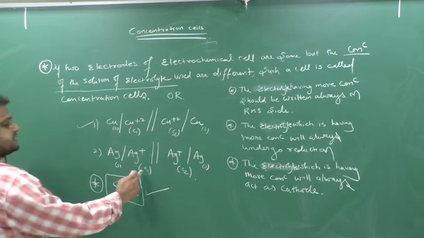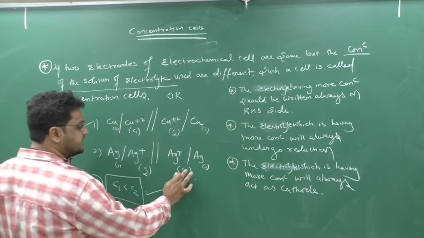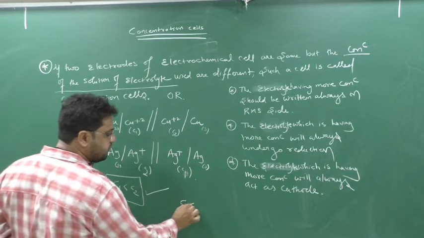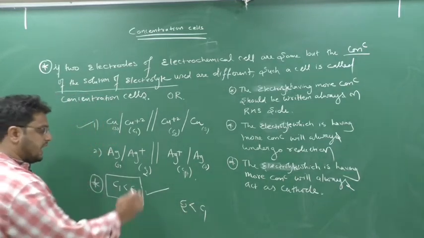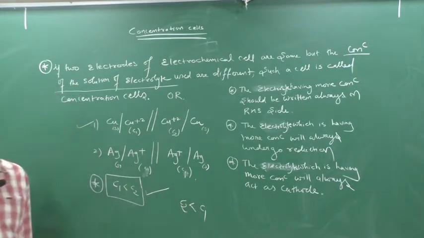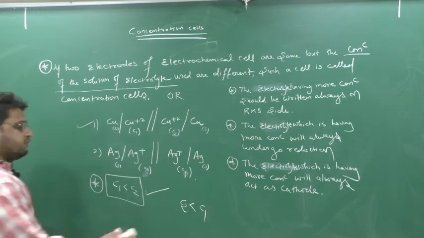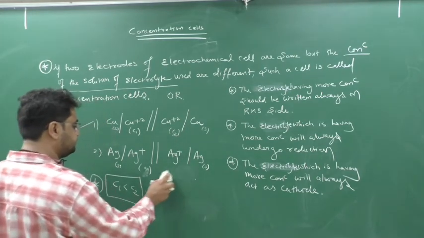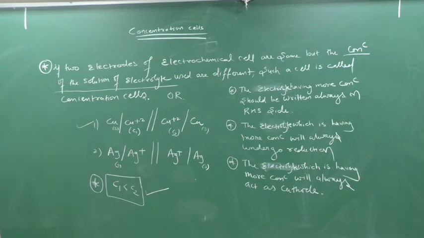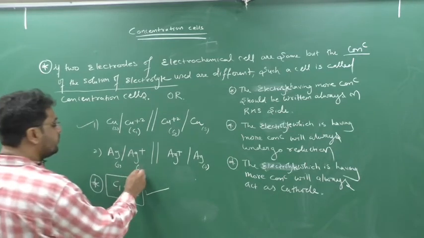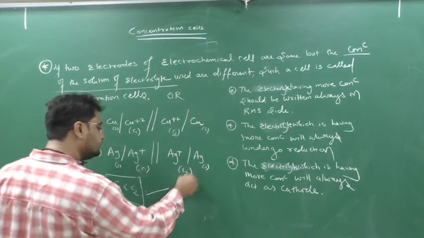If suppose here it is written C2 and here it is written C1, then what will happen? C2 will be less than C1. In short, I would like to tell that the cathodic compartment solution will always have more concentration.